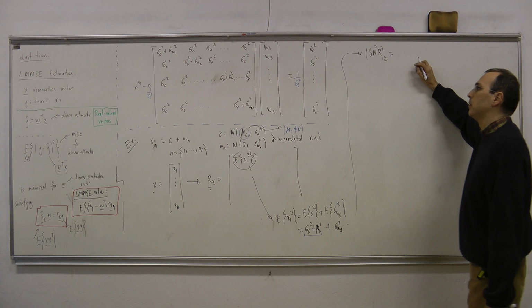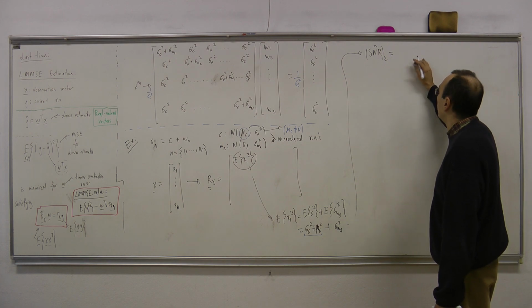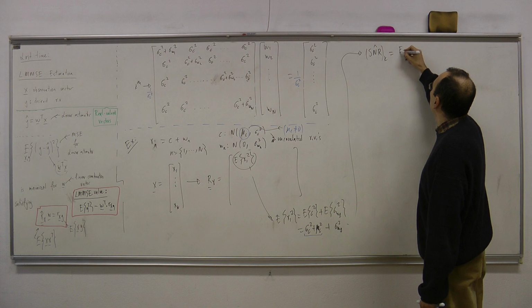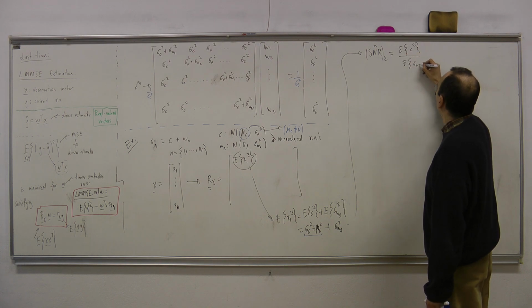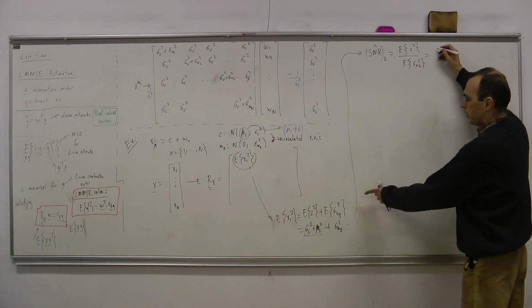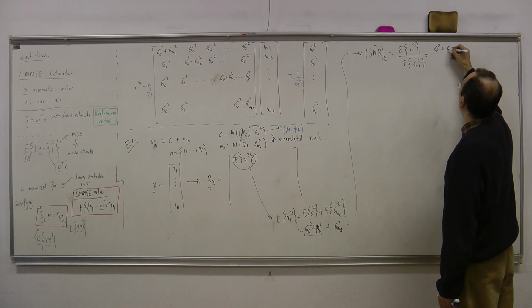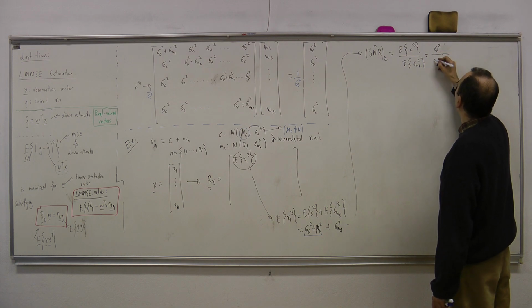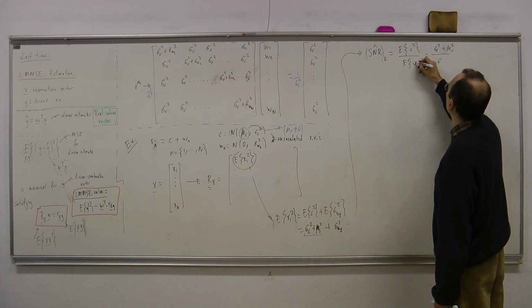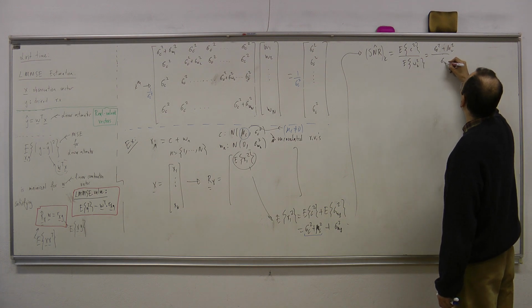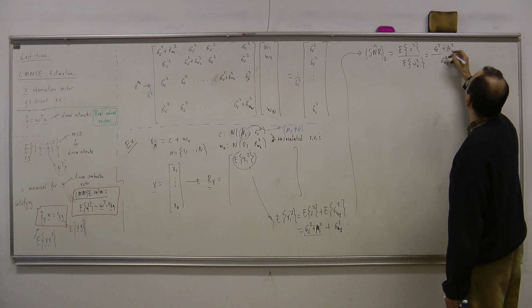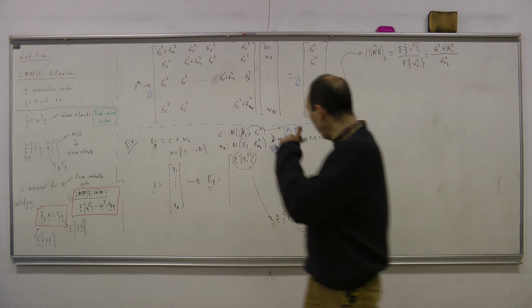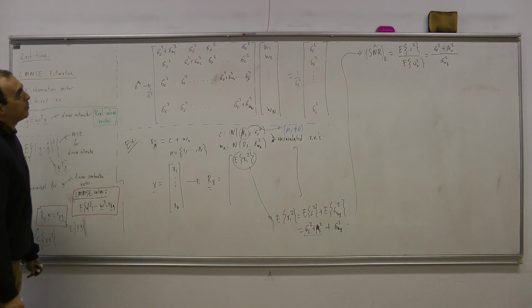If I update it as, what should I do? If I update this as expected value of c square divided by sigma wk square, then I have sigma c square plus mu c squared, sorry, divided by sigma wk square.